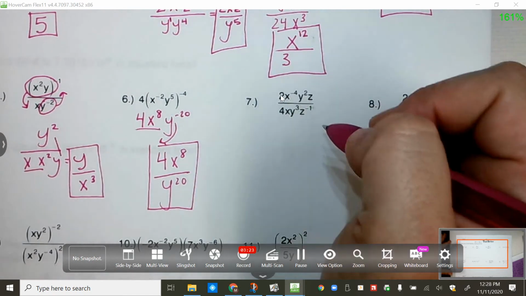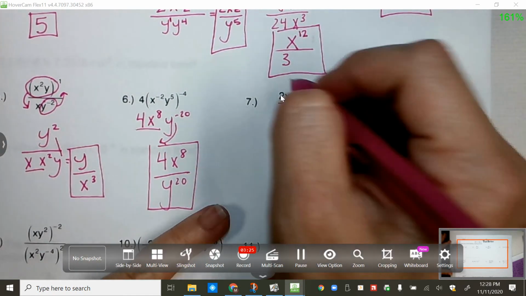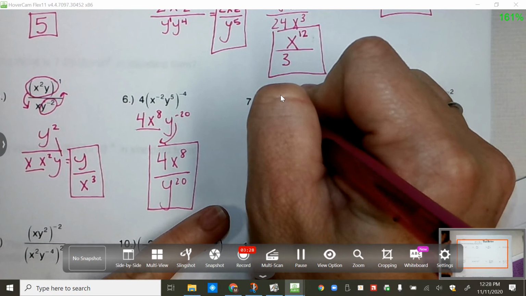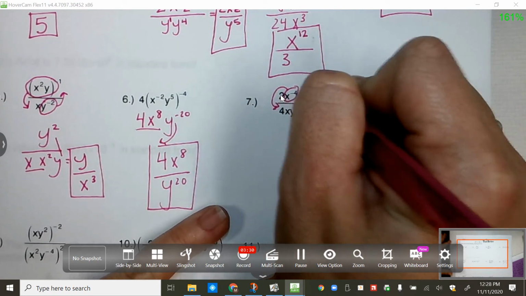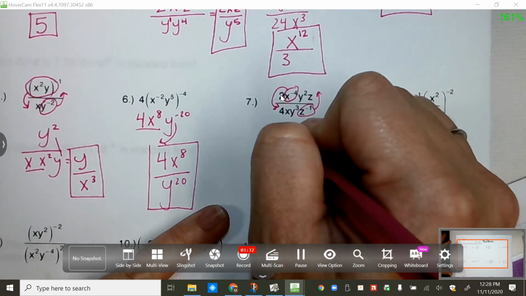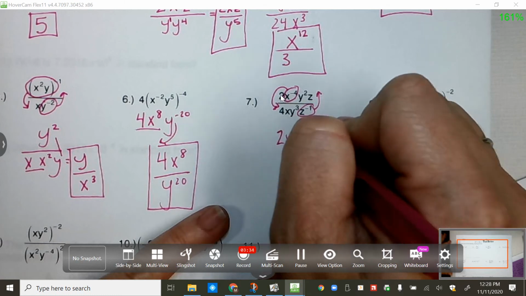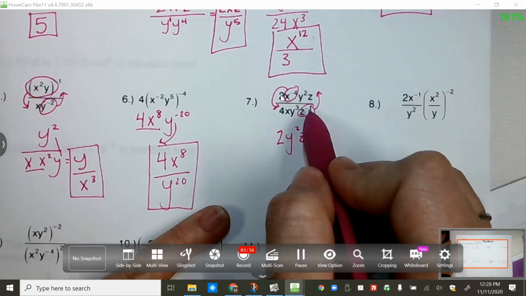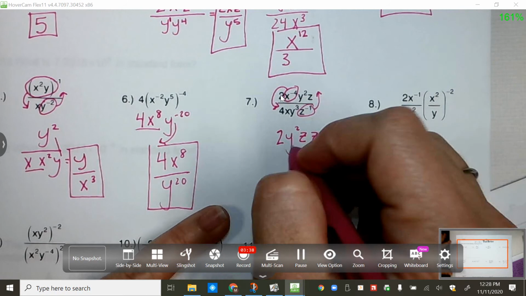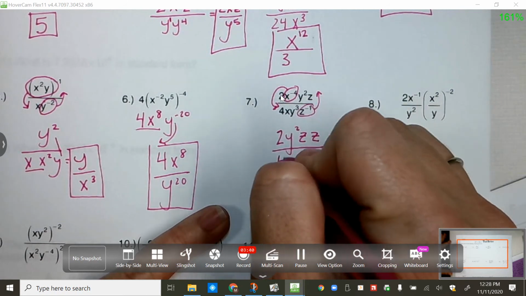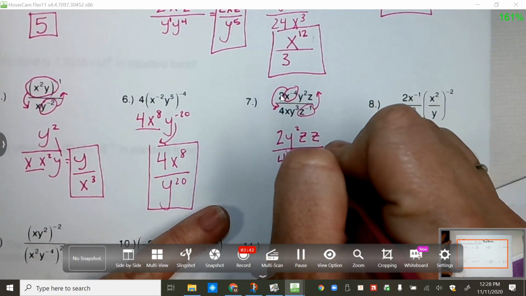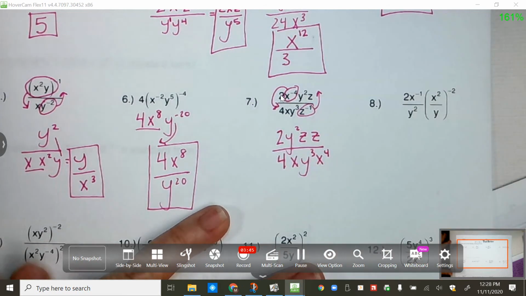Okay, here, this one gets a little messy, so I'm going to just move my negative exponents first. So I get 2y squared z, because remember it's just going to be a positive 1, which is nothing. You don't have to put anything, over 4xy cubed x to the 4th.